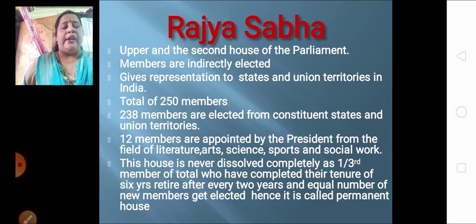And this house is never dissolved completely, as 1/3 of the members who have completed their tenure of 6 years retire after every 2 years, and an equal number of members get elected in their place. Hence this house is called the permanent house. Understood, children?